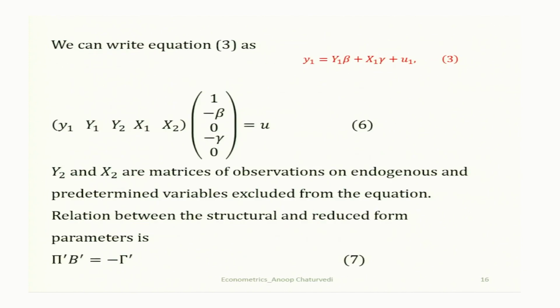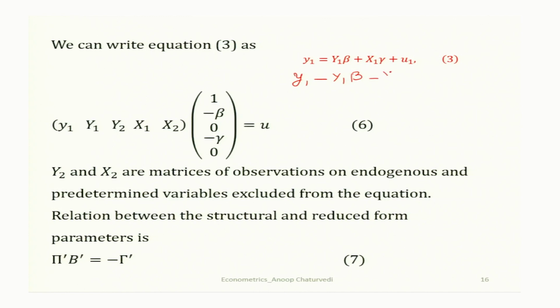Then we can write equation 3, which is y 1 equal to capital Y 1 beta plus X 1 gamma plus u 1, as, say, small y 1, capital Y 1, capital Y 2, X 1, X 2. Corresponding to small y 1 you have 1, and corresponding to capital Y 1 you have minus beta, since you take y 1 beta towards the left hand side.